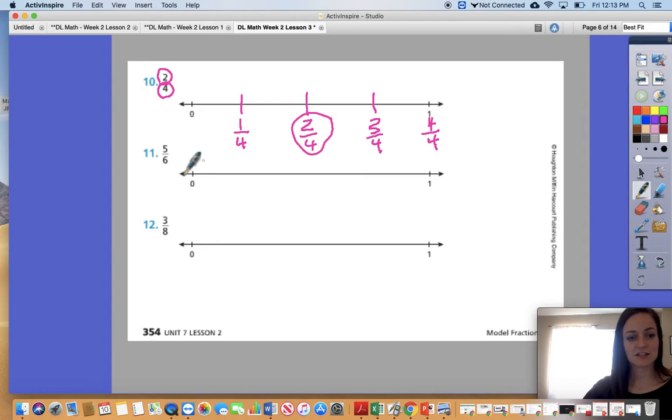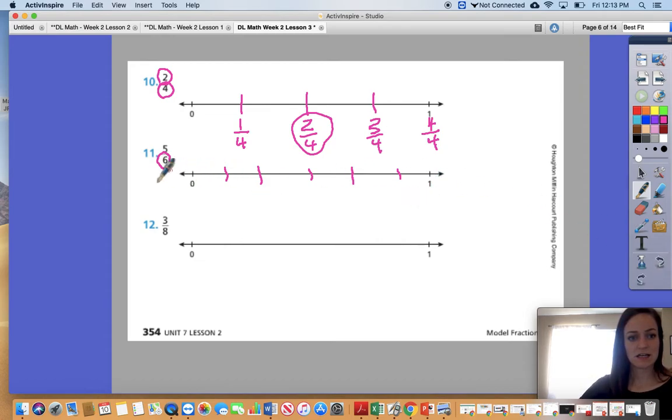Awesome. Okay, let's look at 5/6. I look at my denominator. It tells me I need to break this apart into 6 equal pieces. Now for 6, I know that's an even number. I like to do it this way, where I break it into thirds first, and then I break each one of those thirds in half. Okay, I'm going to count, make sure I did it. 1, 2, 3, 4, 5, 6 equal pieces.